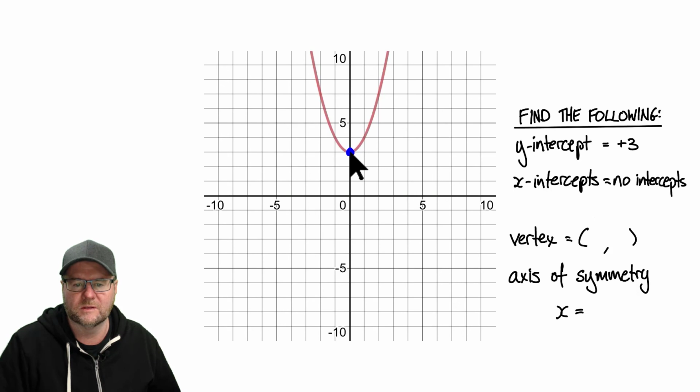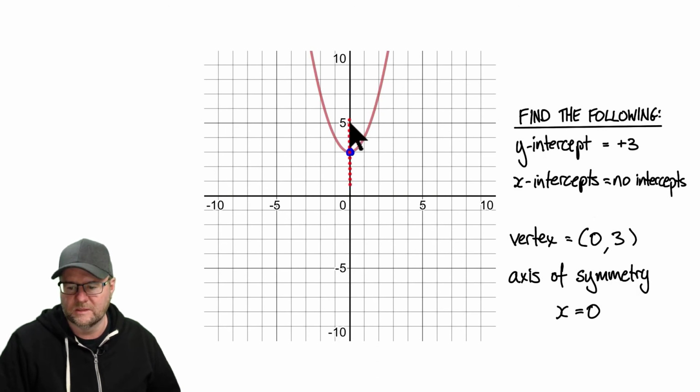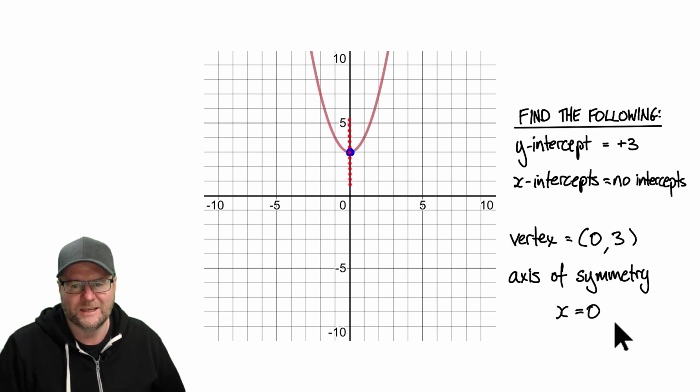It's got a point here where it turns around, changes direction at the coordinate 0, 3. And the axis of symmetry in this case actually sits right on that y-axis. Everywhere along that line, the x value is 0, isn't it? If I go to that point, it's got an x value of 0. That point has an x value of 0. That point too. So we'd say our axis of symmetry was x equals 0.